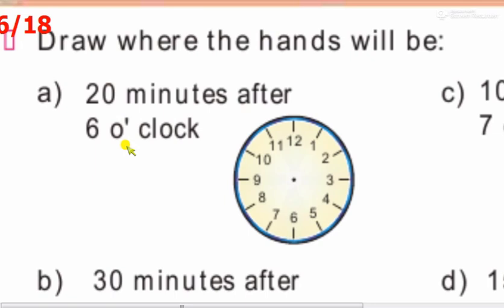Here you see it is saying 20 minutes after 6 o'clock. So we have to find what will be the position of the hour hand and minute hand during 20 minutes after 6 o'clock. So for this we see that time has been 6 o'clock and after that 20 minutes have passed.